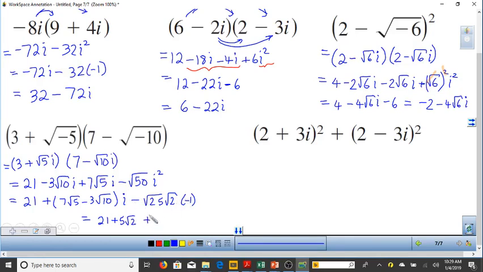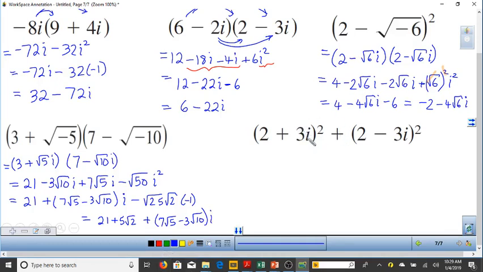And then plus the imaginary part, which is 7 square root 5 minus 3 square root 10, and all of that multiplied by i. That one was a little tedious, but if you do it step by step, it works out.